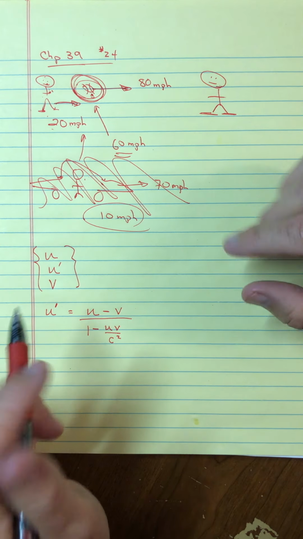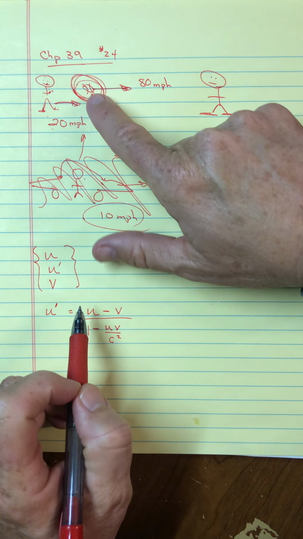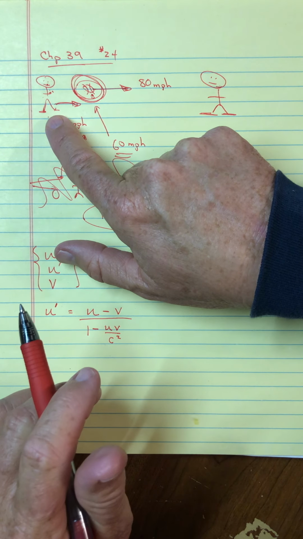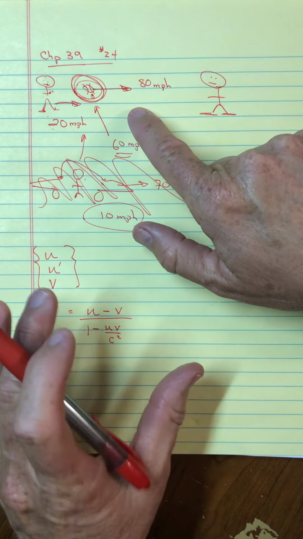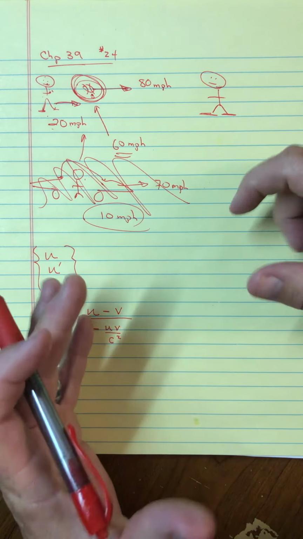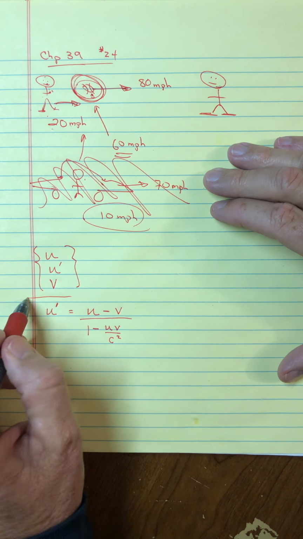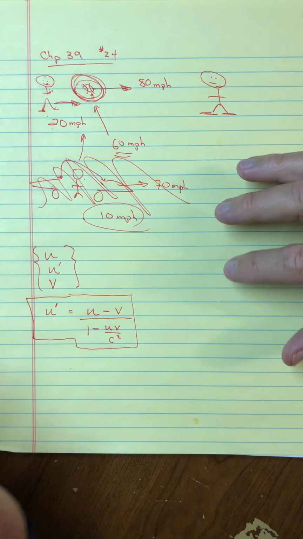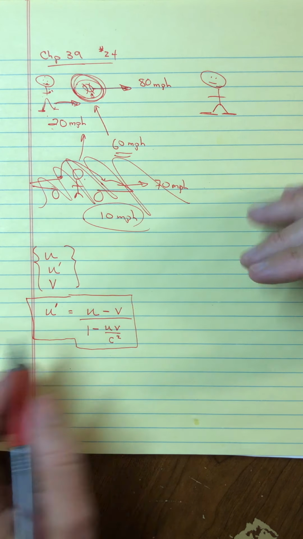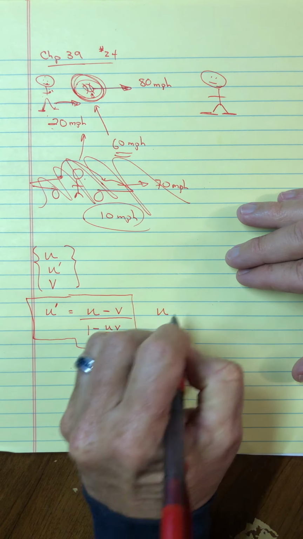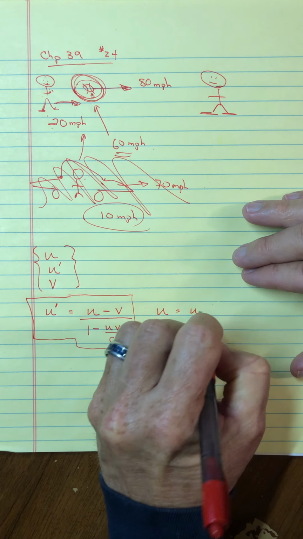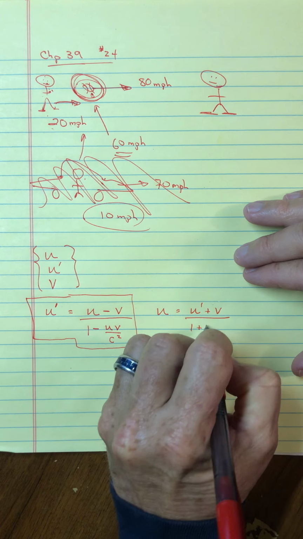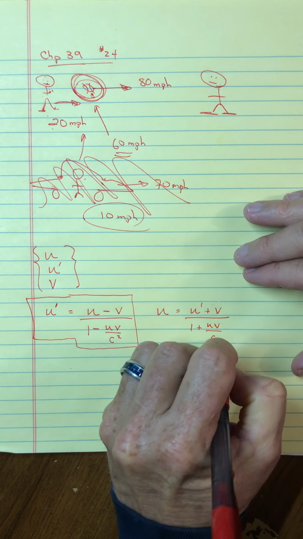Or, put another way, this same formula, if this object is already going the speed of light as seen by one observer, it will also always be seen as going the speed of light from the other observer. And so this is the amazing discovery by Einstein. Now we could go the other way around and say u is equal to u prime plus the v over 1 plus u v over c squared.